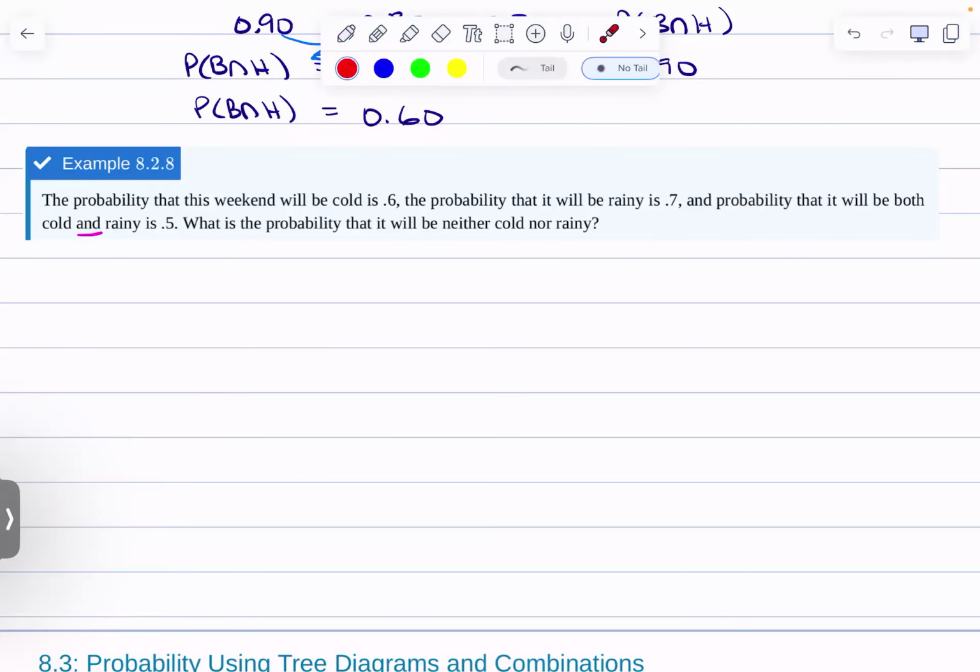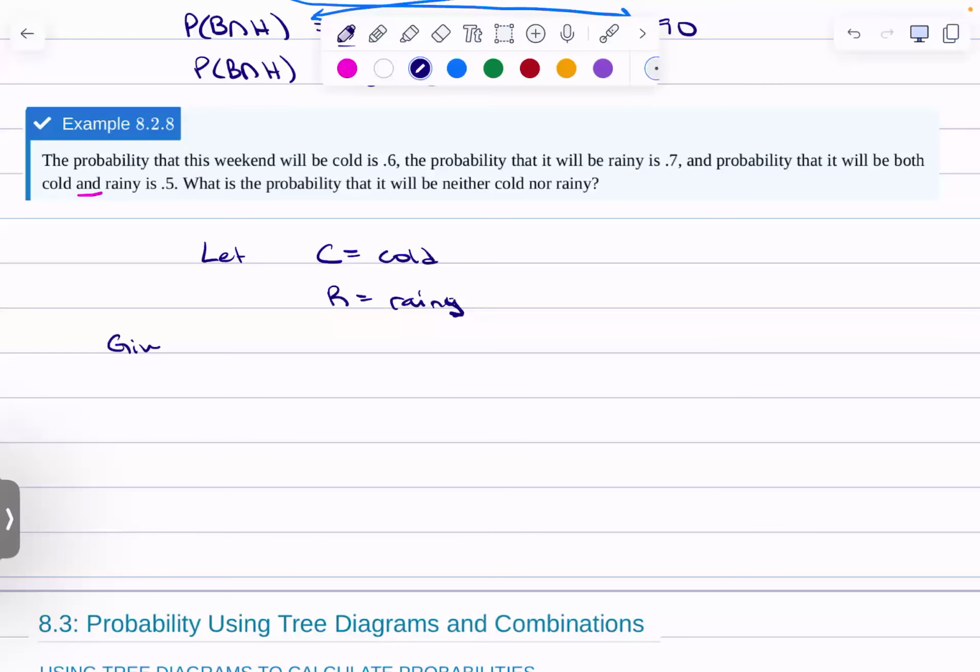What's the probability that it will be neither cold nor rainy? That's a tricky one. Let's start by defining some shorthand. Let C be that it's cold and R be that it's rainy, just because I don't want to write those out.